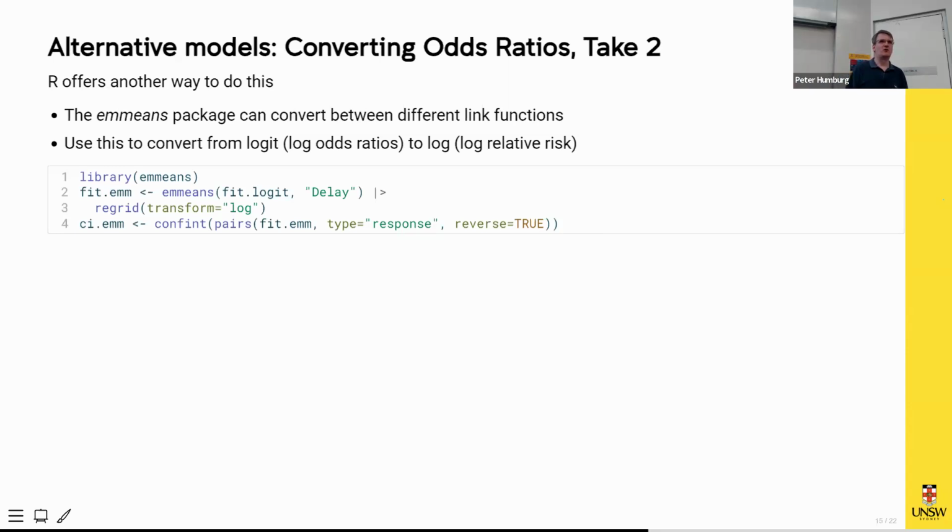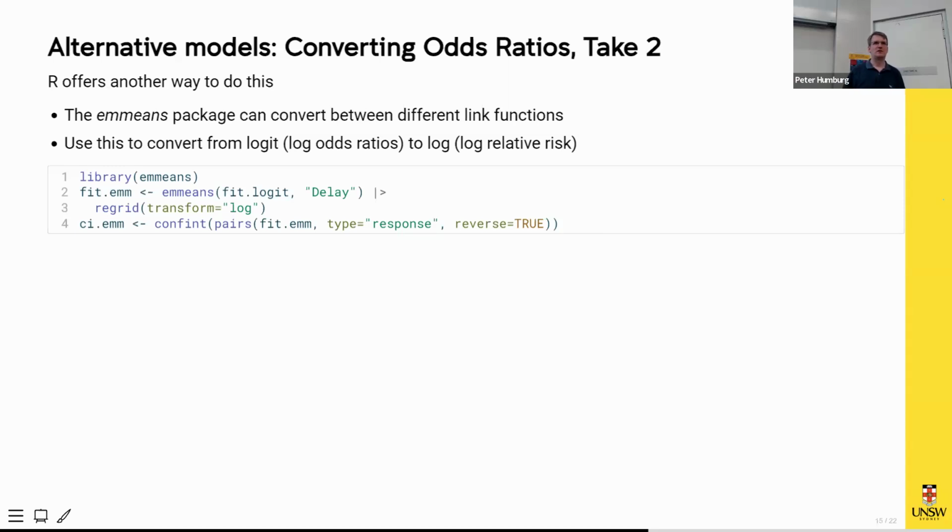But you can also get the probability scale estimates for each group, and then if you look at a contrast, that will give you the difference, and that should give you confidence intervals too, I think.